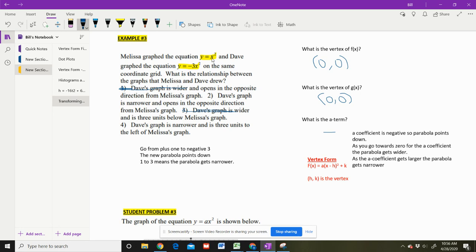So Melissa's graph was the positive x squared, where Dave's graph is narrower. It's 3 units to the left of Melissa's graph. So it's not this one, right? So answer 2 is the correct answer. The graph is narrower and it opens in the opposite direction. Melissa's points up. Dave's graph points down.